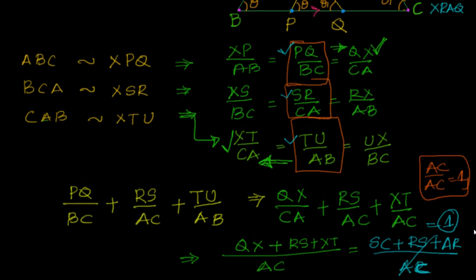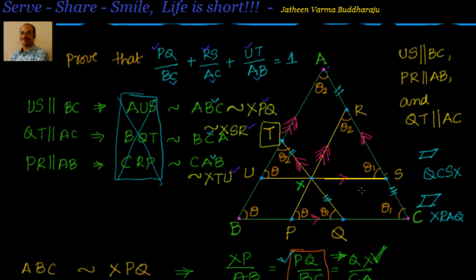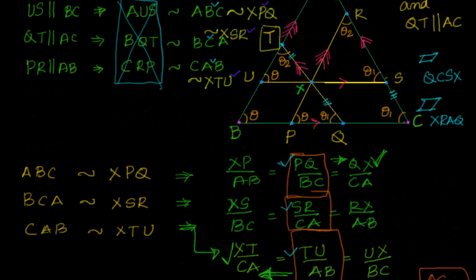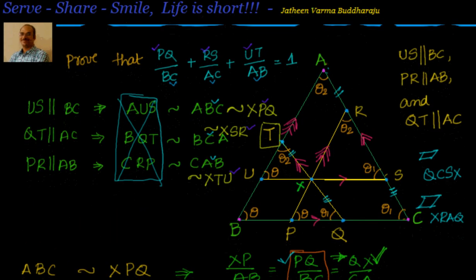So it's nothing but QX plus RS plus XT by AC that we have to prove. We know that QX equal to CS and also XT equal to AR because they are parallelograms. With the help of which we are able to prove AC by AC equal to 1.